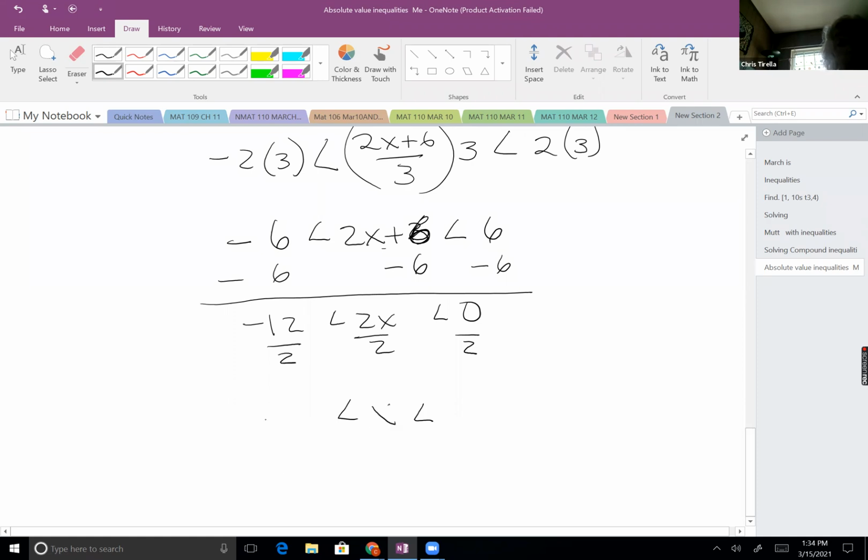I have 1x in the middle, and I get negative 6 is less than x is less than, well, 0 divided by 2 is still 0. And so again, these would be open intervals. The smallest value is negative 6. The largest value is 0. So far, so good.